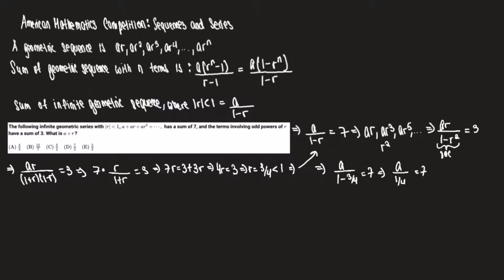So you multiply both sides by 1/4 and you get a equals 7/4. Then what is a plus r? a plus r is 3/4 plus 7/4. They have a common denominator, so it equals 10/4, which reduces to 5 halves. The answer is E.